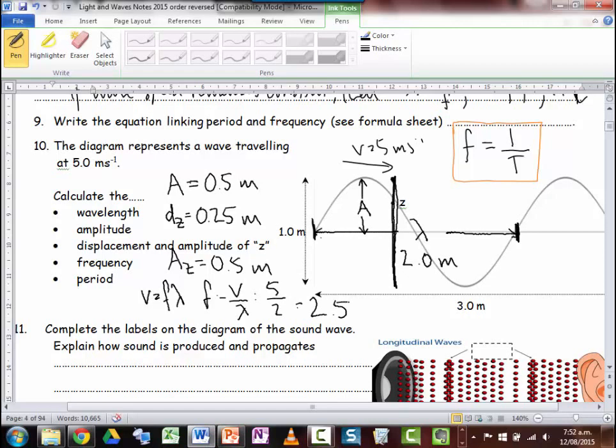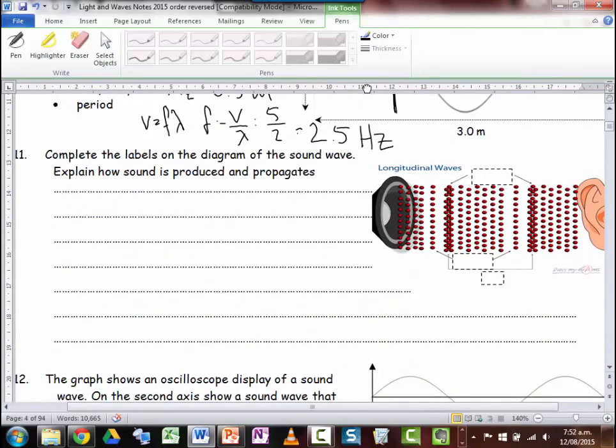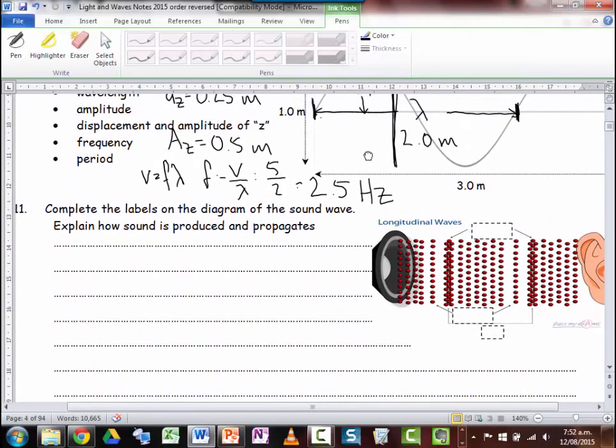That's a frequency, so that's measured in hertz. Okay, hold on, we got one last thing to calculate, and that is the time period. Period is just equal to the inverse of the frequency, which is equal to 1 over 2.5, or 2 over 5, which is 0.4 seconds.